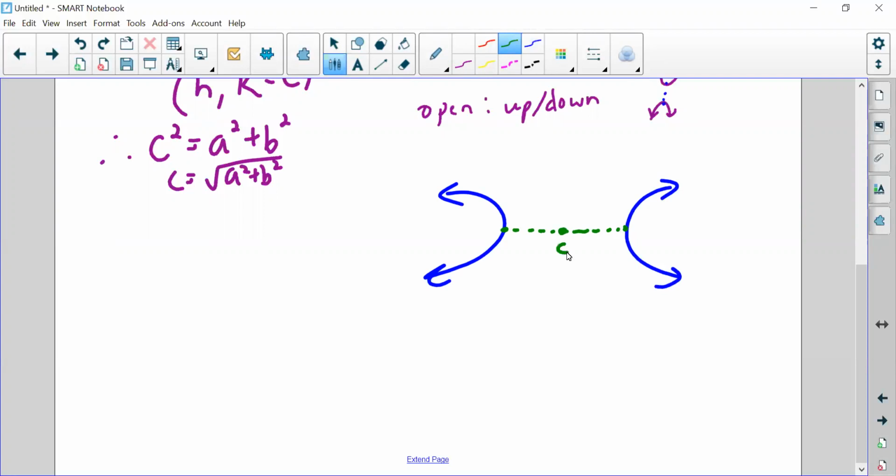To find each vertex, I took my center and added and subtracted a from my x value. So here was a distance and this distance a. So this entire line segment has a distance of 2a. The line segment that connects the vertices and goes through the center has a special name. It's called the transverse axis. I'm spelling it wrong.